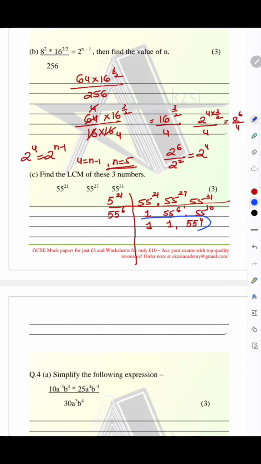This is a simple LCM method that I always use. Multiply these whole numbers. So this is 55 to the power of 21 times 55 to the power of 6 times 55 to the power of 4, which is 55 to the power of 31. And that's your answer.